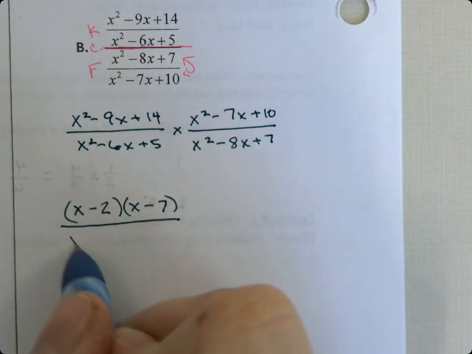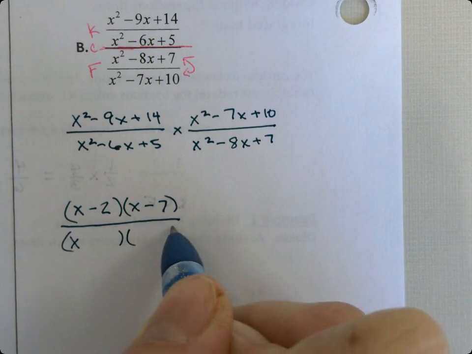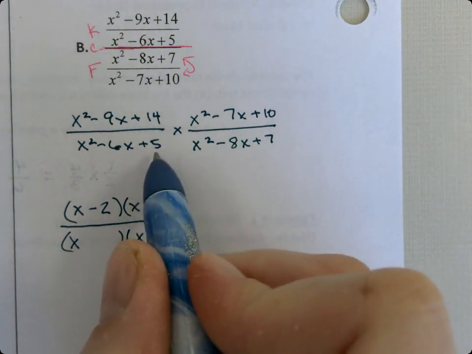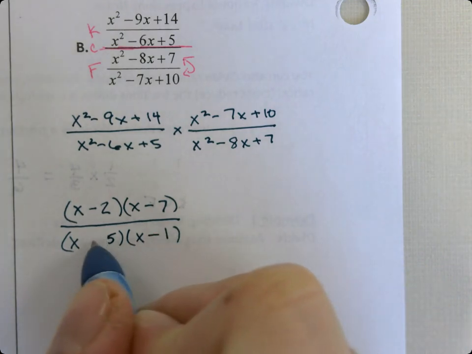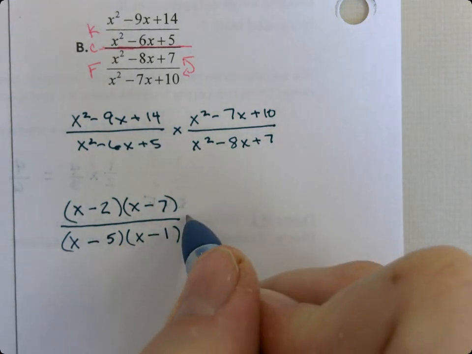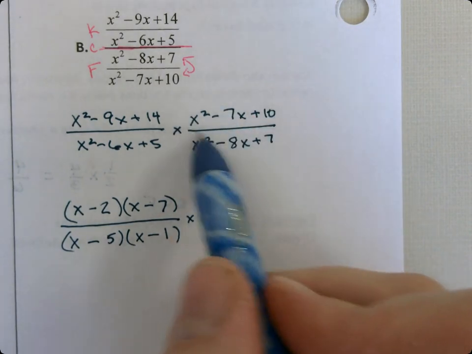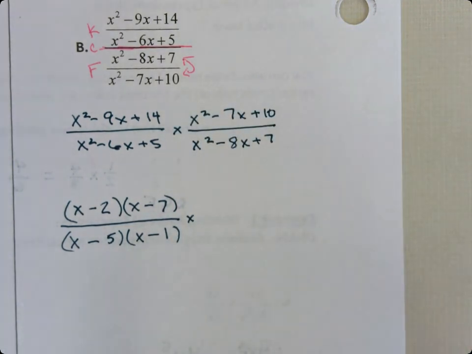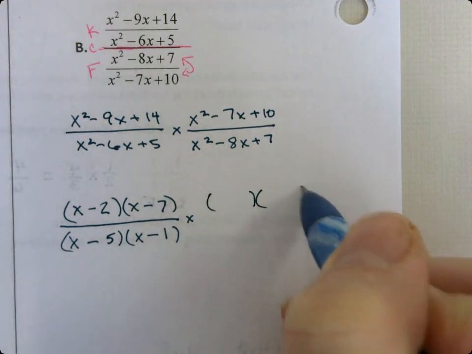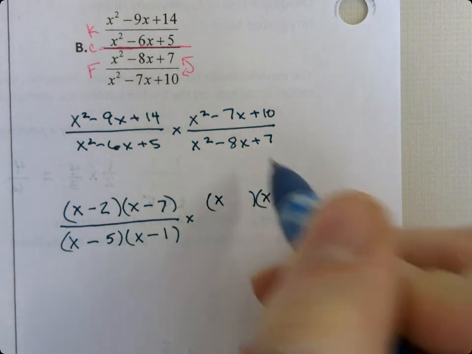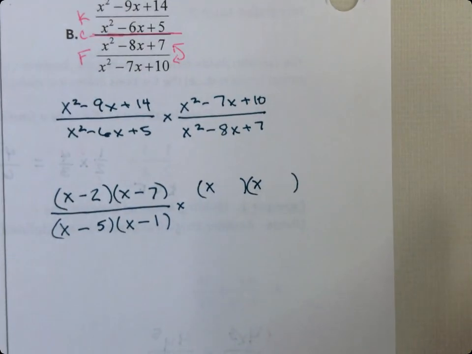Okay, denominator, x and x. I need to multiply to 5. My only options are 5 and 1, and what did you say? 2 minus signs. All right, still times. Let's factor this numerator. So I am just going piece by piece, not doing it all at once. X times x, what multiplies to 10?